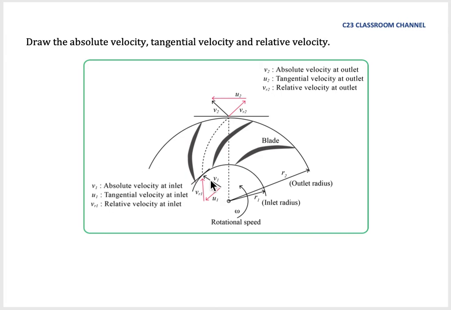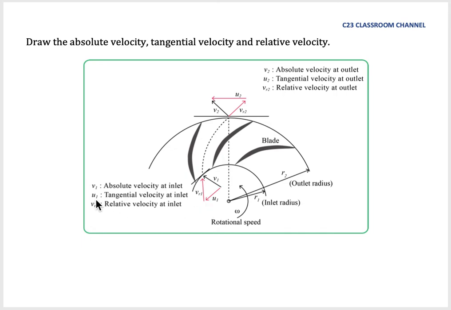Then we can split this resultant velocity into two types of component velocity: the component due to the rotational speed, which is equal to U1, and the component that flows due to the shape of the blade, which we call VR1.